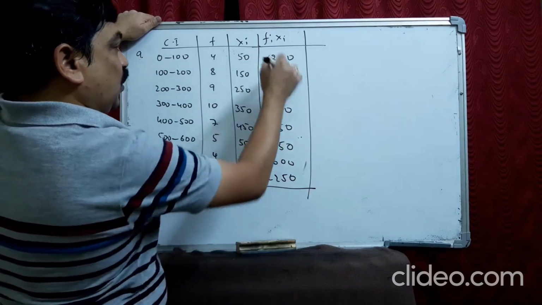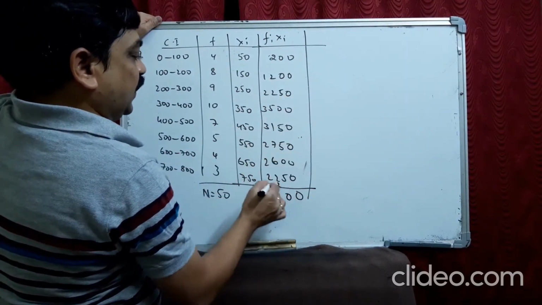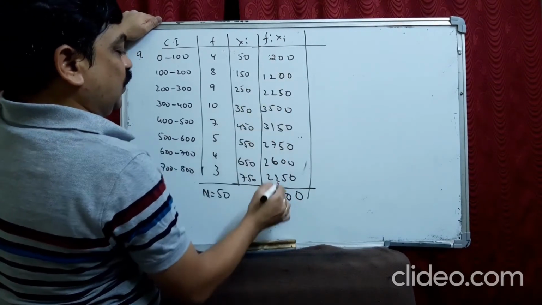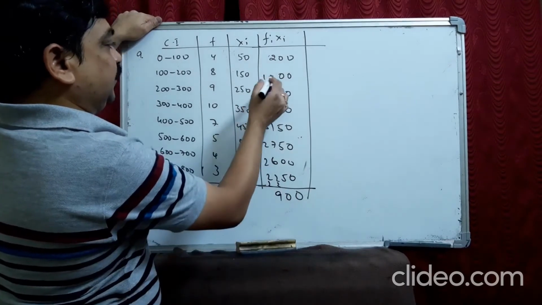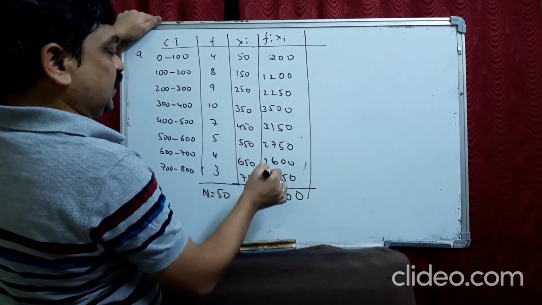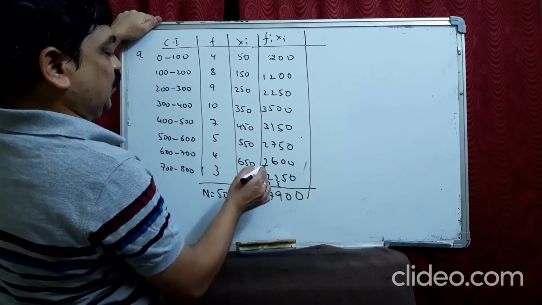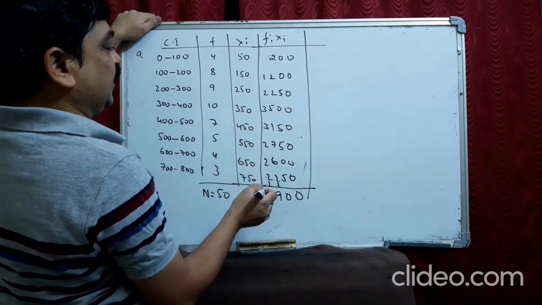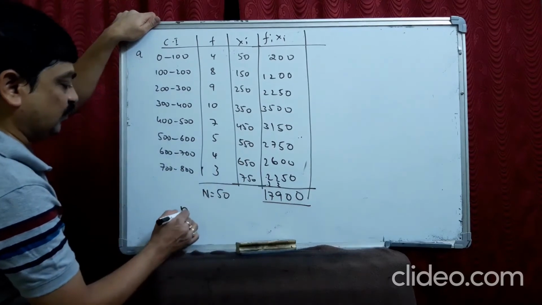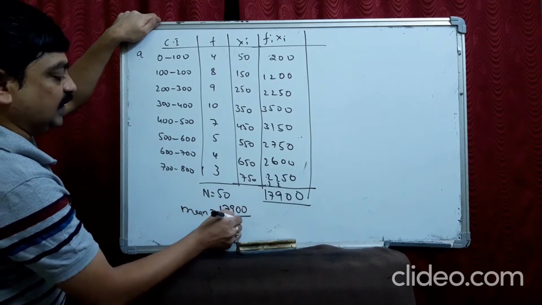Now add all these. The total is 17900. So the mean is equal to 17900 by 50.